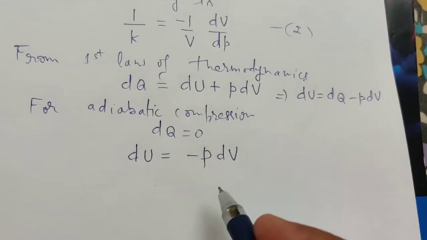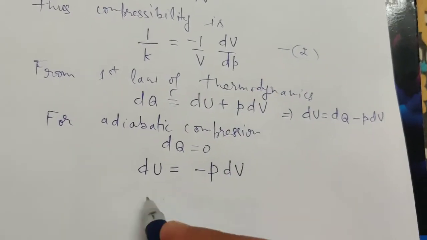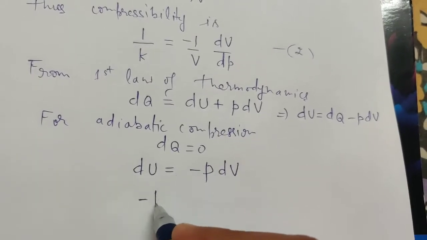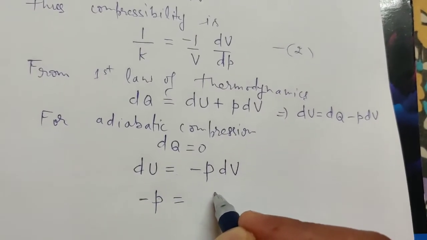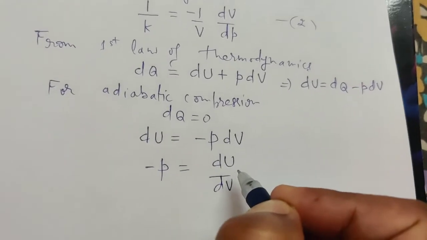That is mechanical work. Since we have to find this factor, from here minus P is equal to dU upon dV.